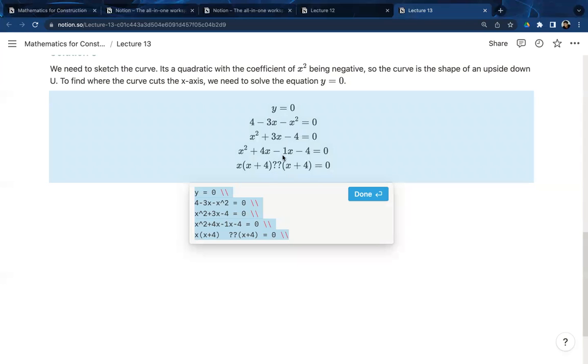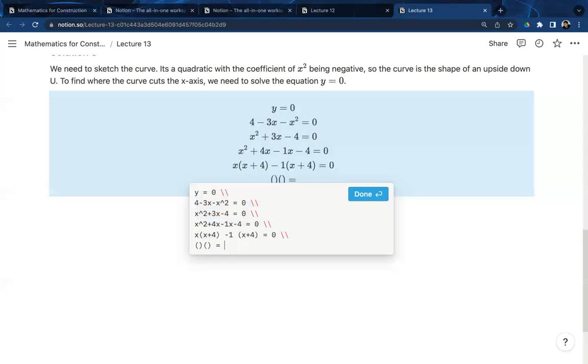So our positive x term needs -1x. So this should probably be -1, right? -1 by 4 is -4. So this works. So we factorize again. I'll get x minus 1, x plus 4. Okay.